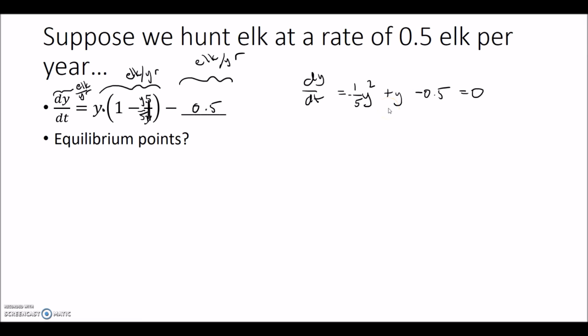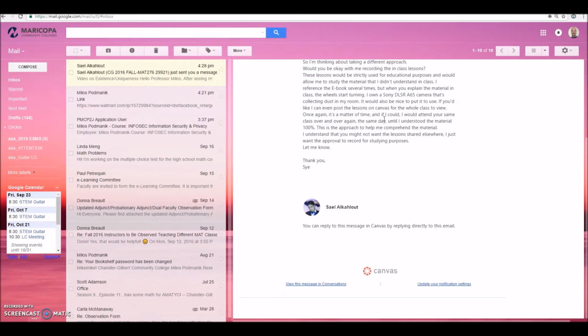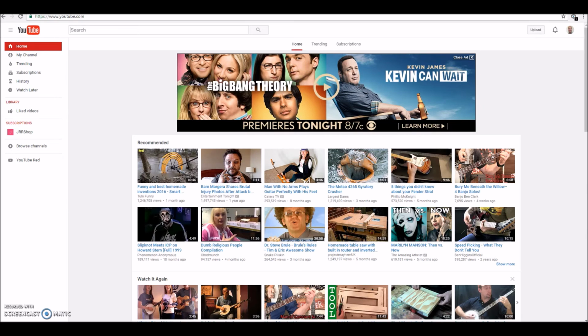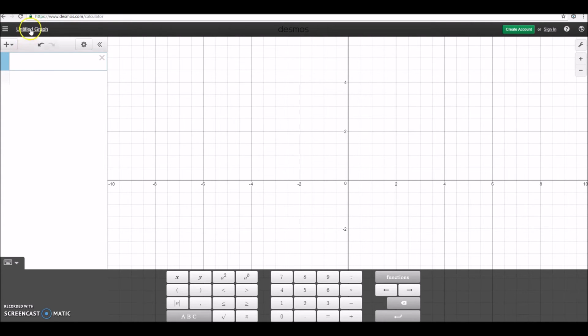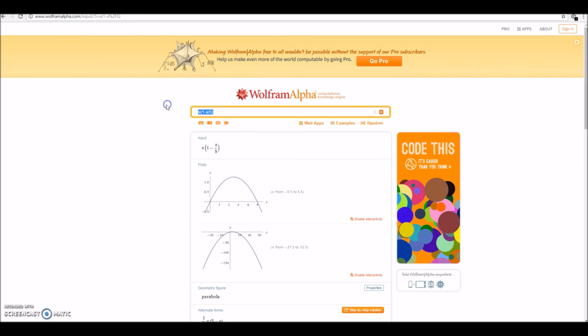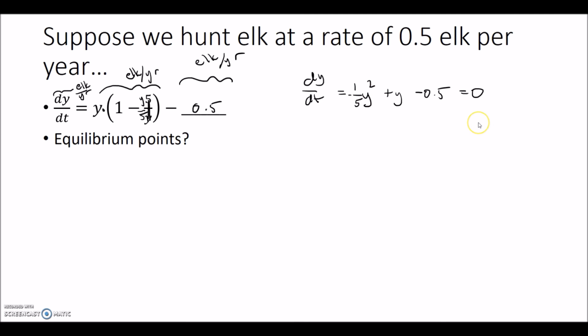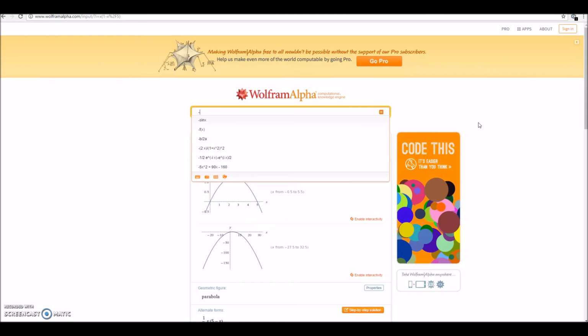The easiest way to do this is to either solve using the quadratic formula, or I'm going to go over to a solver and type in that equation, negative 1/5 y squared plus y minus 0.5 equals 0. I'm going to use x just because I think Wolfram might like that a little bit better.